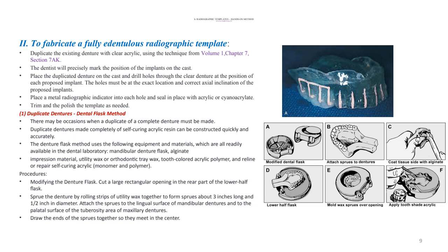Then, placed on the vacuum former, we can fill the areas where the teeth are missing with acrylic, and then we can drill the holes and put the radiographic material in there. So when the patient goes for the CAT scan, that's going to show in the scan.